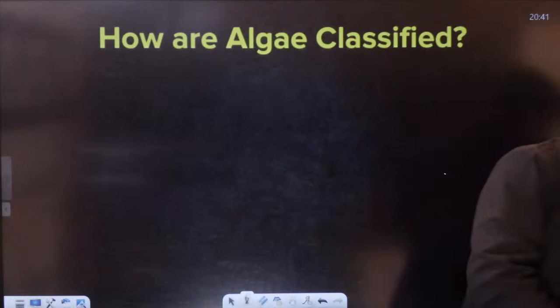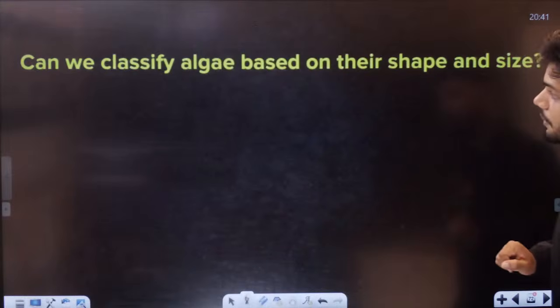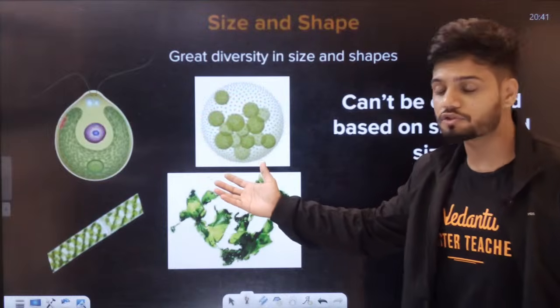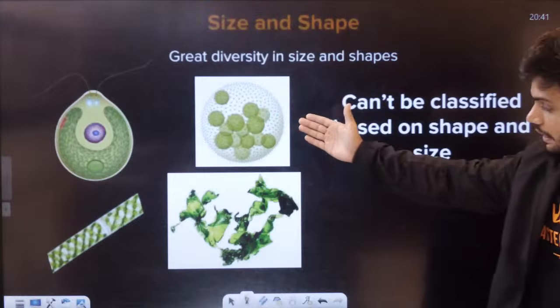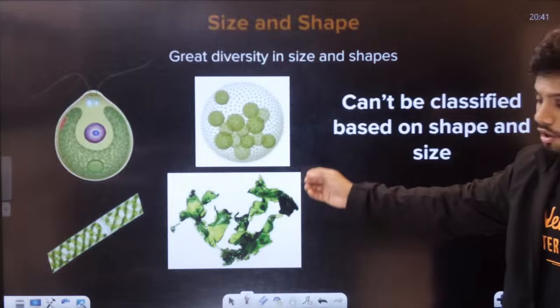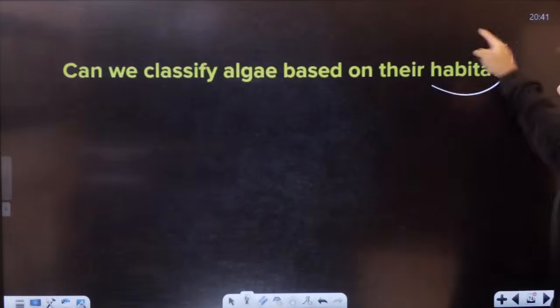Can we classify them based on shape? You cannot, because there is a variety of shapes. There are unicellular, filamentous, colonial, membrane-like, paper-like structures. You cannot classify them that way. Can we classify them based on their habitat?